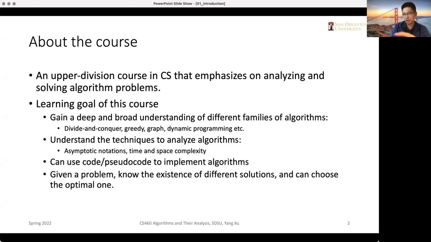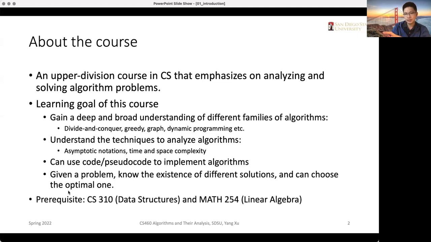Okay, one of the most common problems in real world scenarios, like search, like sorting. You should be able to realize the existence of different solutions, and actually know how to implement them and how to choose the most optimal solution based on different conditions. Okay. All right, as I said, we have prerequisites of data structure and also linear algebra.